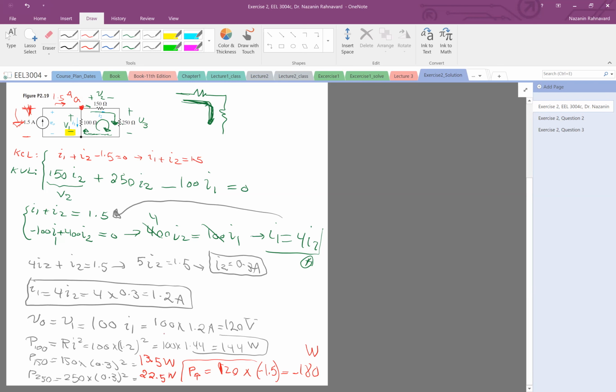Okay, so the 144 and 13.5 and 22.5 add up to exactly plus 180 consumed. So 180 watts is being consumed, and on the other hand, 180 watts is delivered. The summation of all these four numbers is equal to 0. Therefore, we did the math correctly, because all the power adds up to 0.